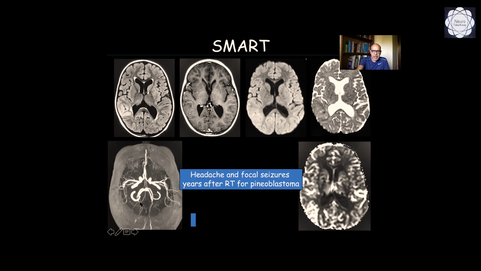On MRA, you can see hyper or hypo flux at the level of the lesion, and on the perfusion maps, you see here a hyperperfusion area, which is typical of this process. This is usually reversible, but sometimes it can recur.